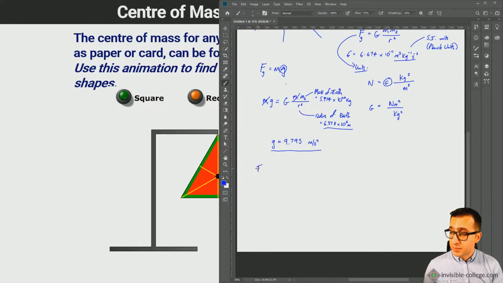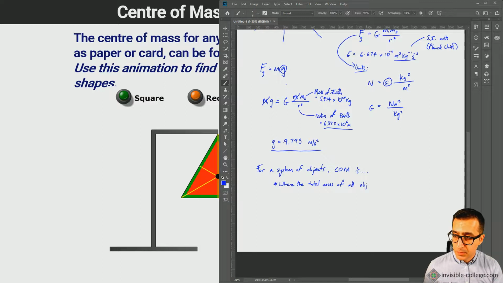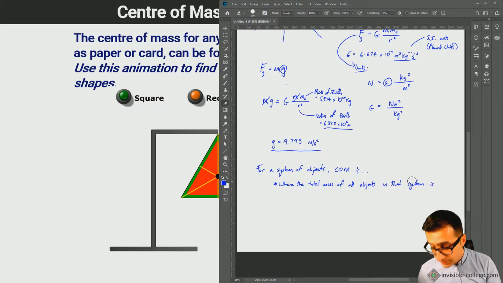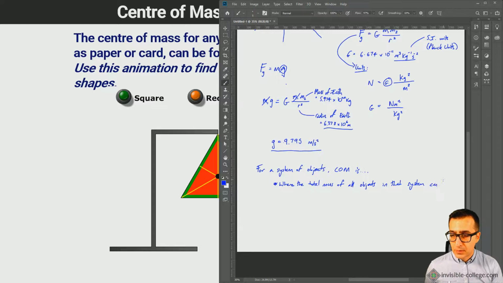So we can say that for a system of objects, not just one, but as many objects as we choose to consider, the center of mass is firstly where the total mass of all objects in that system is or can be considered to be located.